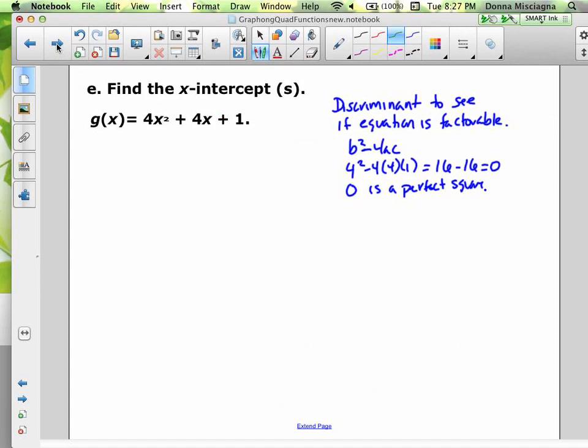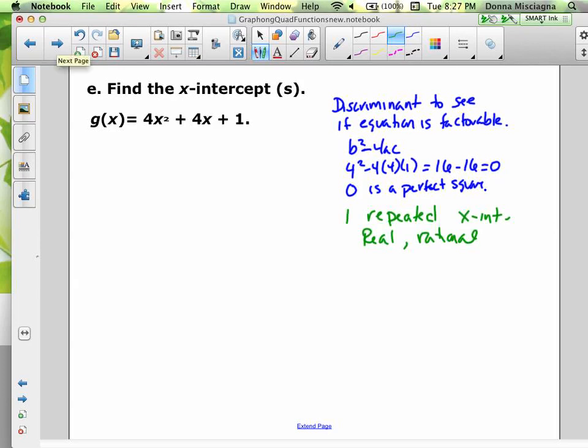And if you remember, when the discriminant is 0, we have 1 repeated x-intercept. It is real and rational, because 0 is a perfect square. So we can definitely factor.